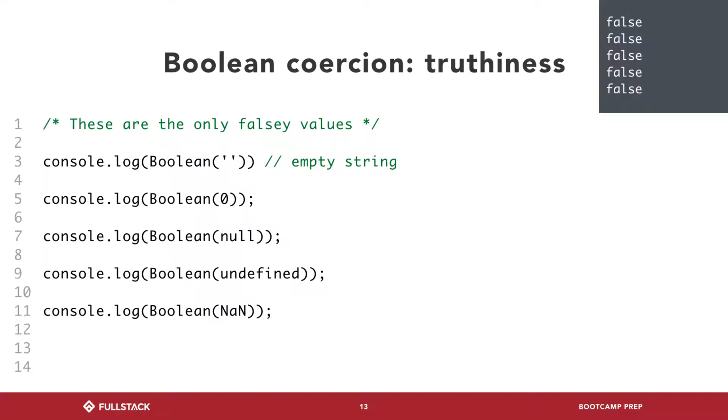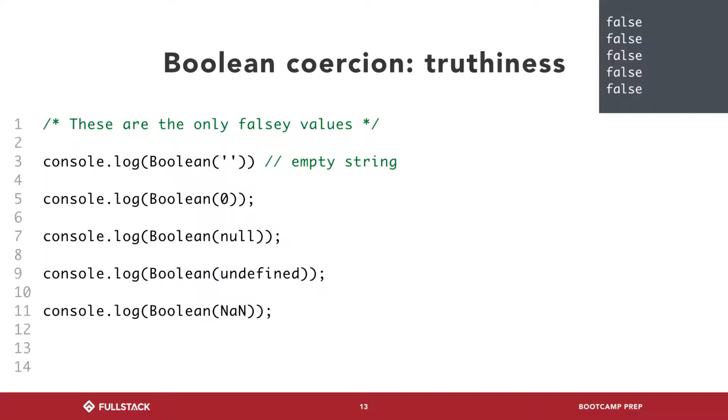Where that comes from is if I try to convert my name into a number, it will say, hey, I can't do it. This is not a number, right? So these are the only two false numbers. Null is always false, and undefined is always false, and obviously false is always false. Everything else in JavaScript, if I convert it to a boolean, will be true.